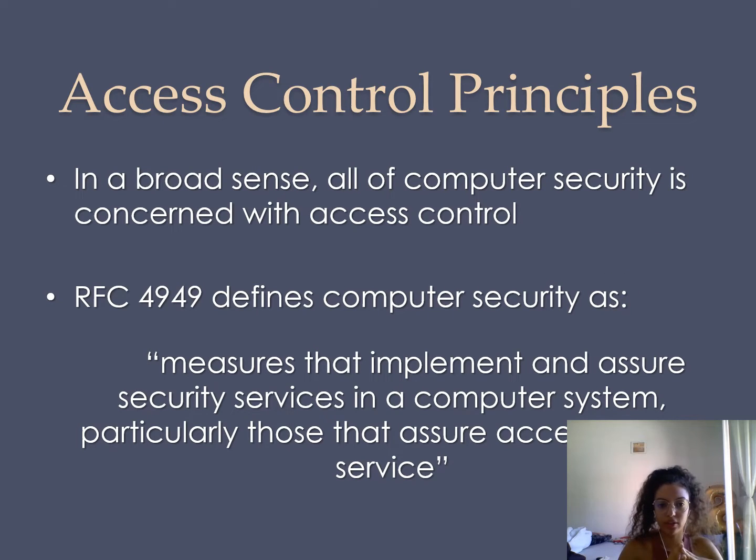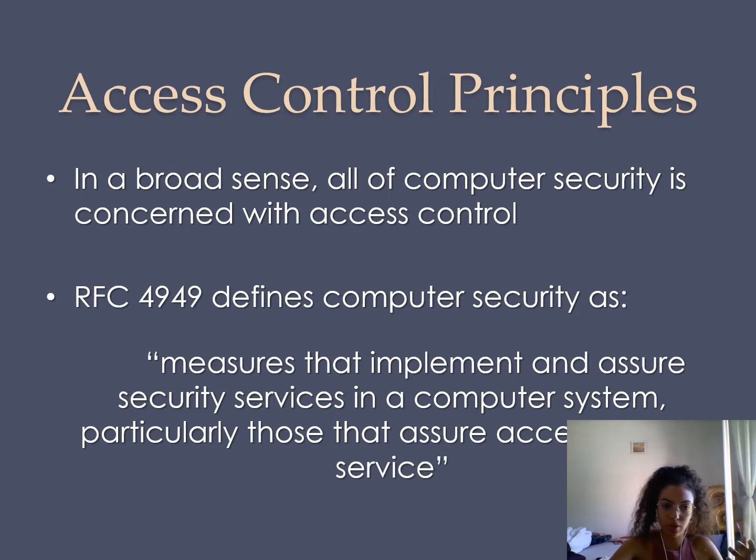So in theory, all of computer security is concerned with access control. The definition by the RFC says that computer security are the measures that implement and assure security services in a computer system, particularly those that assure access control service.